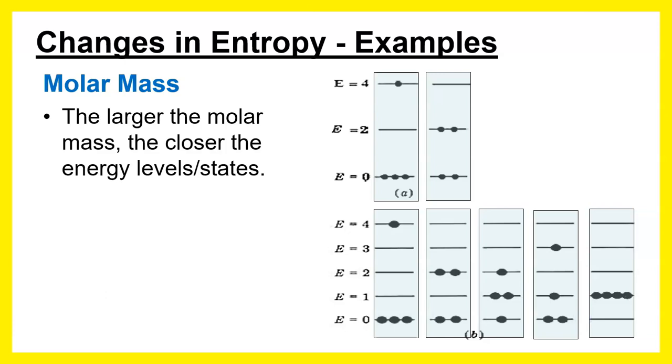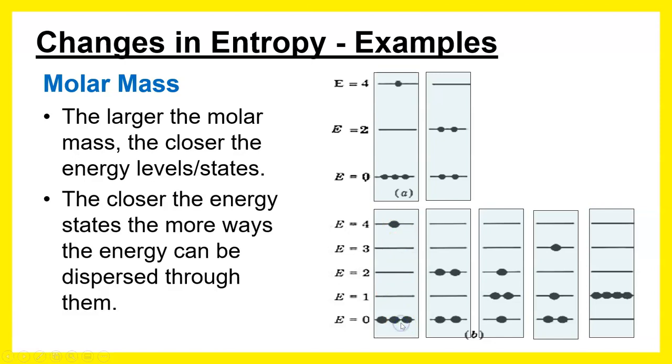The larger your molar mass, the closer together your energy levels are. So the top would be a small thing. See how far apart these levels are? And the bottom, see how close together they are? This would be a larger massed substance. The closer together your energy levels, the more options you have to disperse throughout them.